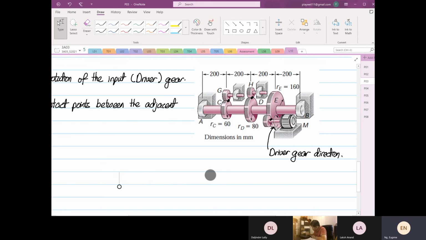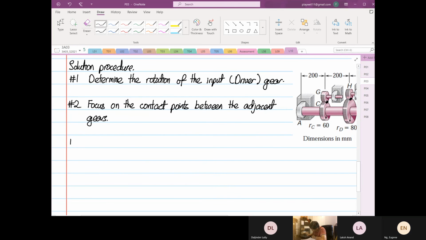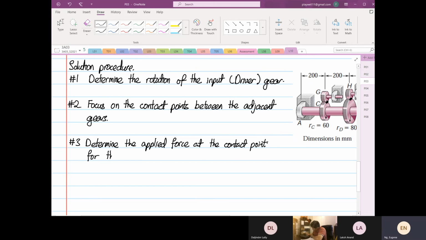Then the third part is you determine the applied force at the contact points for the driver or the input gear.